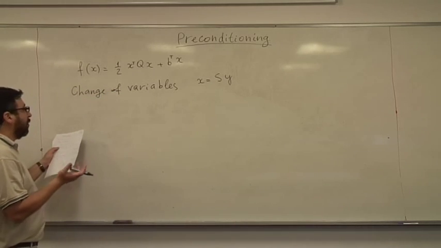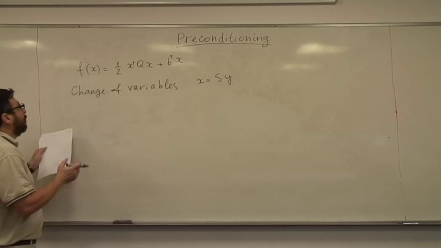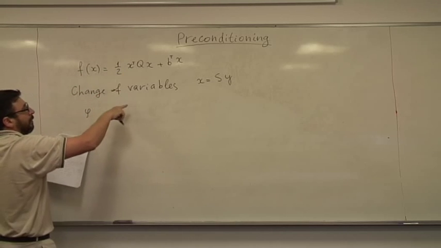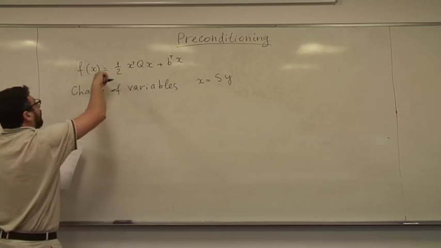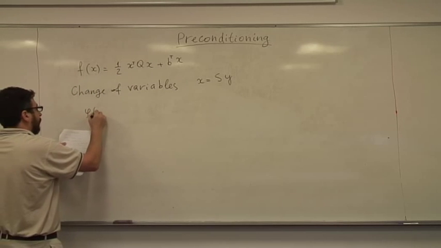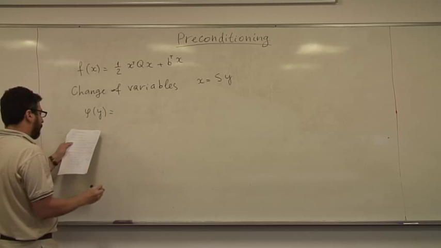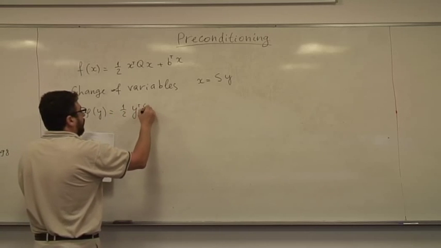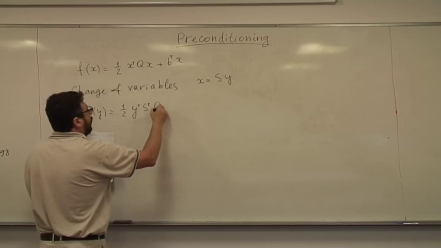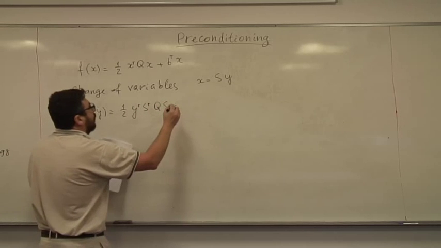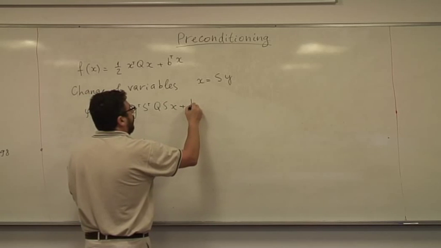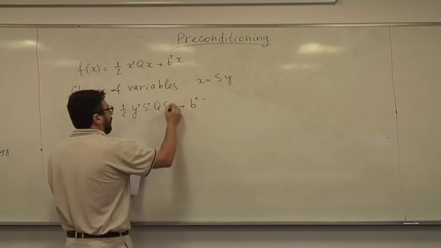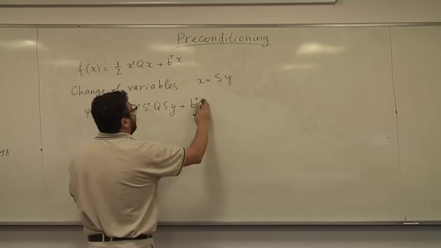And then we can minimize a related function phi of y, substituting x into this formula. So we get one half y transpose S transpose Q S y plus b transpose S y.